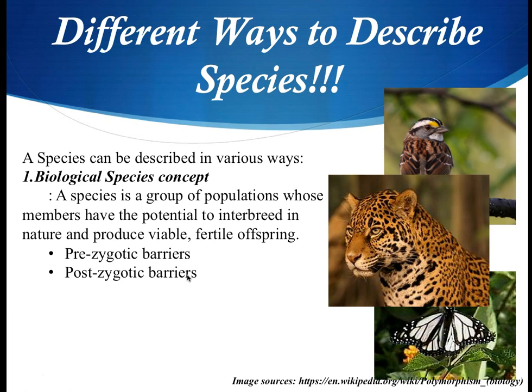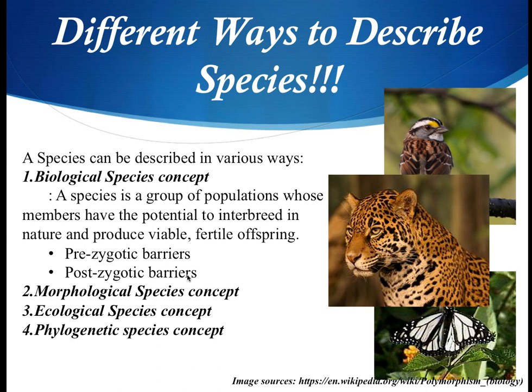Under this concept, there are prezygotic barriers and postzygotic barriers, which are reproductive isolating mechanisms, which I'll talk about in the next slide. And there are three other concepts that we can talk about: morphological, ecological, and phylogenetic. Unlike the biological species concept, which talks about species in terms of reproduction, the morphological species concept talks about species in terms of features, body shape and other structural features.